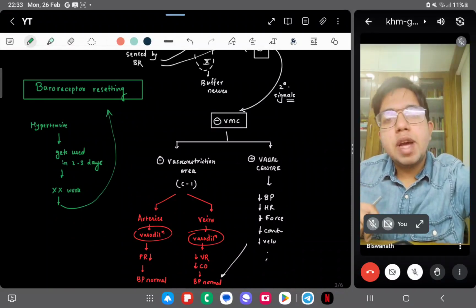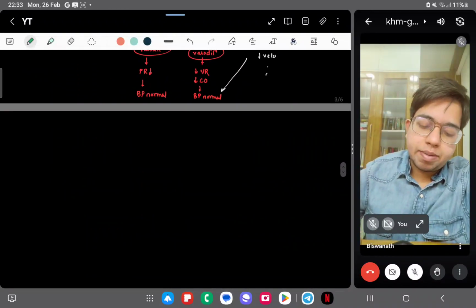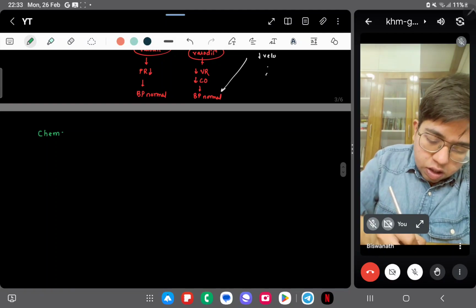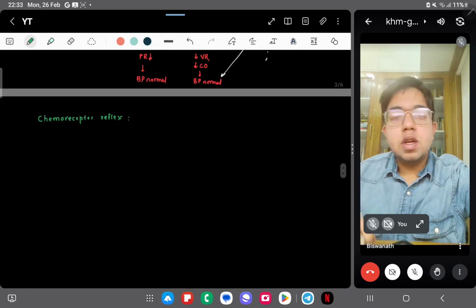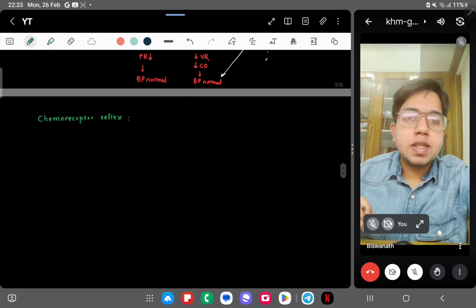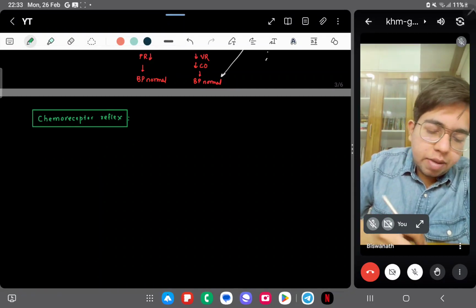So therefore, we have another reflex, a less powerful one, that is the chemoreceptor reflex. We discussed the baroreceptor reflex. Now we have the chemoreceptor reflex, which is a bit less powerful.